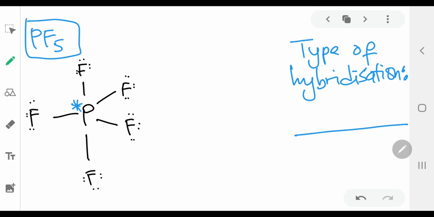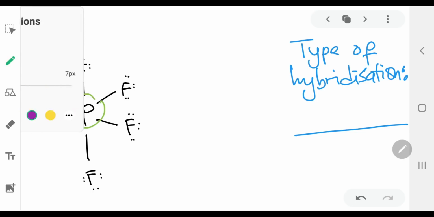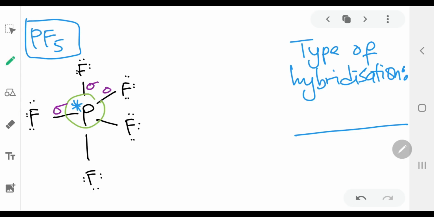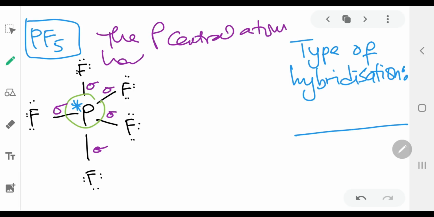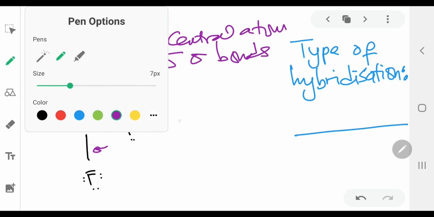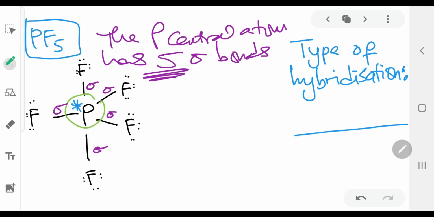Next, we have another one. Okay, we have another one over here without any lone pair at the central atom, but it has 1, 2, 3, 4, 5 sigma bonds. The P central atom has 5 sigma bonds. Therefore, it has 5 lobes.